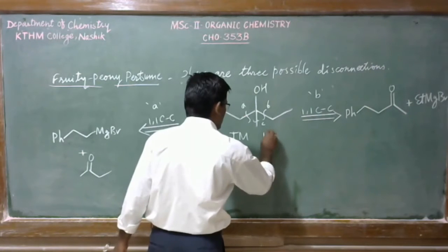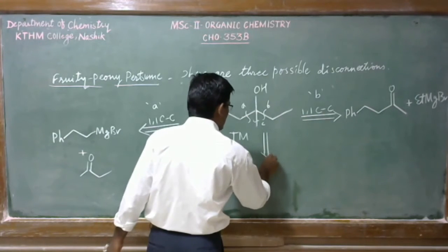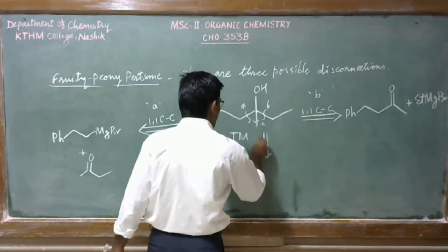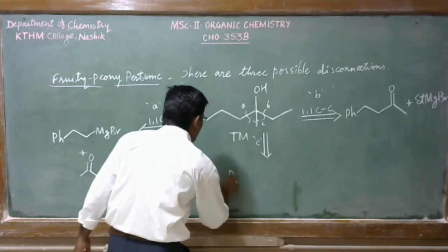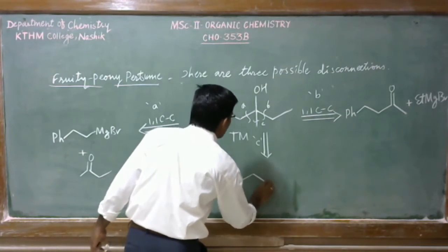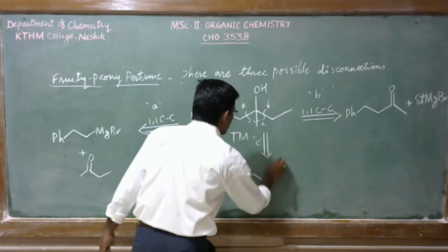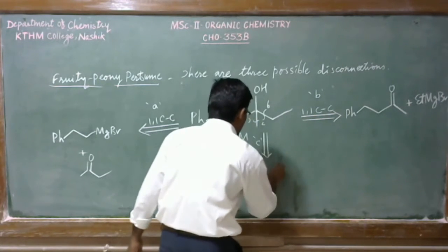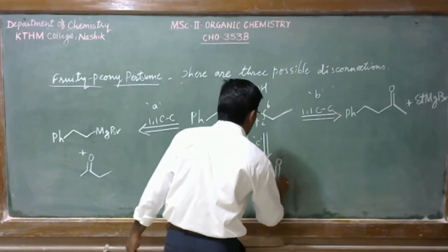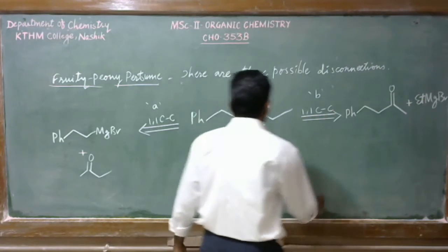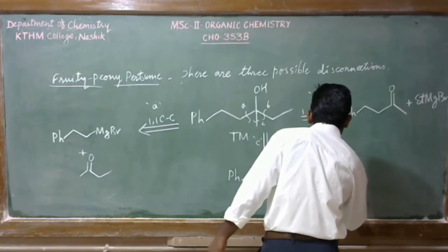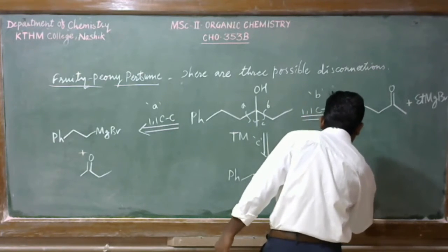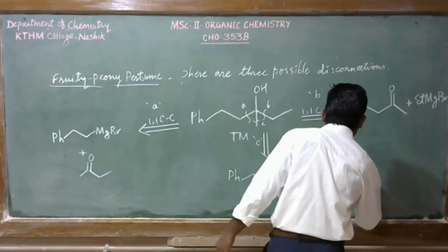Then this C disconnection, we could get these 2 reagents, ketone and this methyl magnesium bromide.